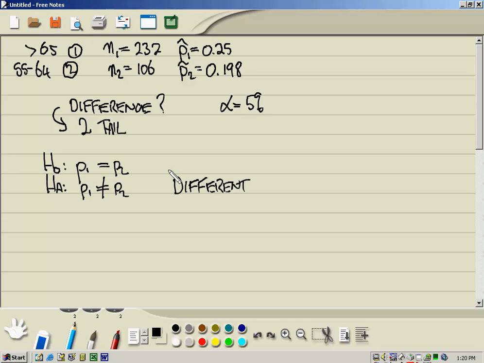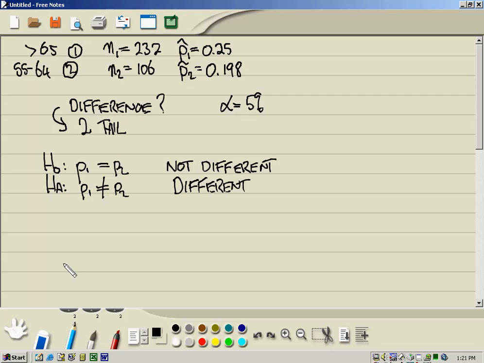In the null, they're not different, and we can say that, or we can say the same. Actually, when it comes down to our interpretations, especially using the word significant or insignificant, not different will help.